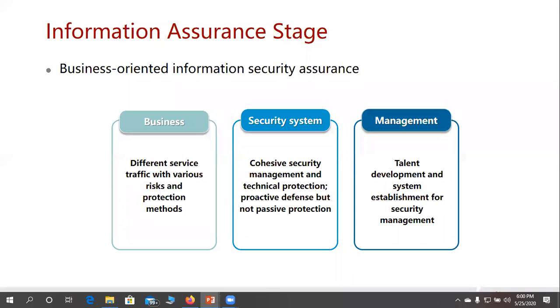That is before an institution is hacked, you already know that your institution is about to be hacked, and you put in some measures. Then management, which has got to do with talent development and system establishment for security management.